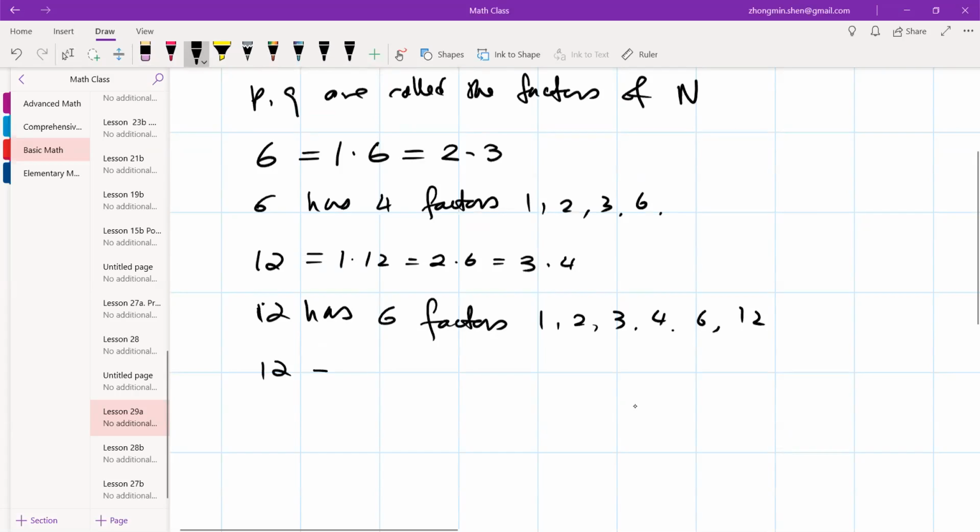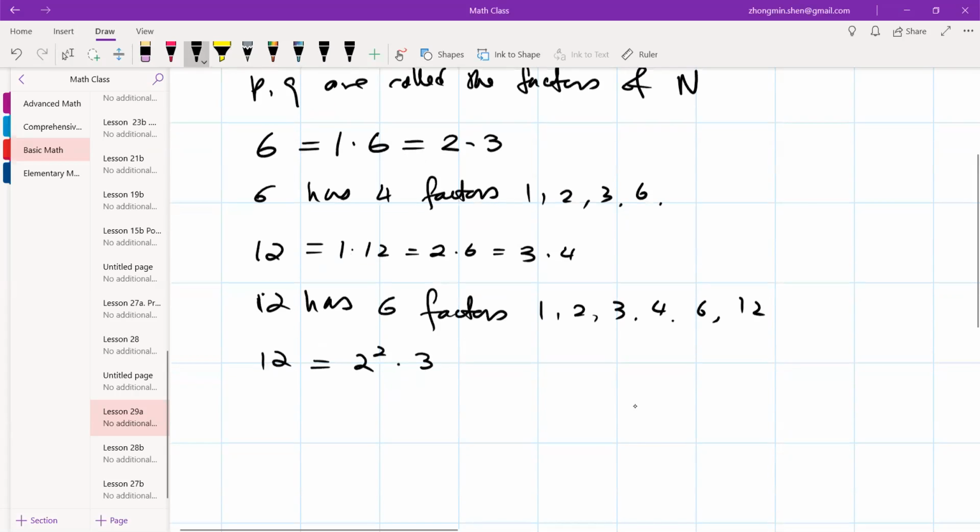Look at 12. 12 is going to be 2 squared times 3. A factor must be a number which you can divide 12 by and get an integer.